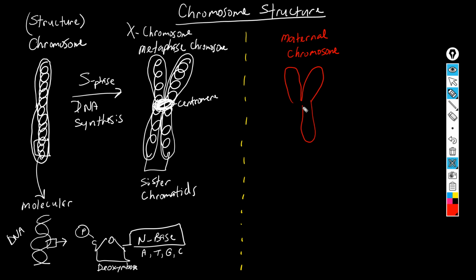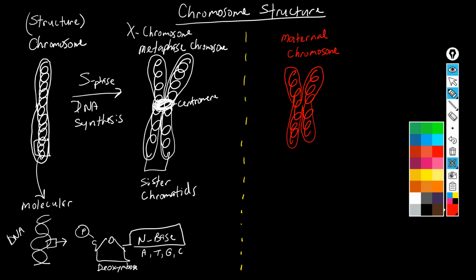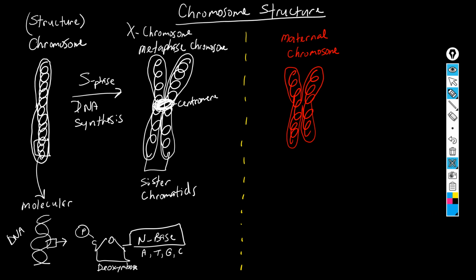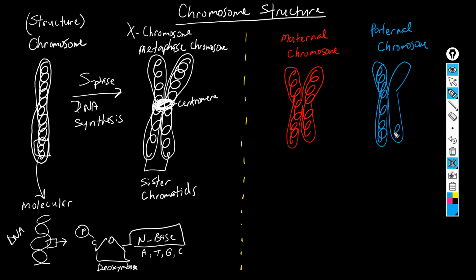Again, keep in mind that replication has already occurred. We're done with the S phase of interphase. And then I'll use blue to represent my paternal chromosome. So again, everything is replicated. We are done with the period of growth and DNA replication.